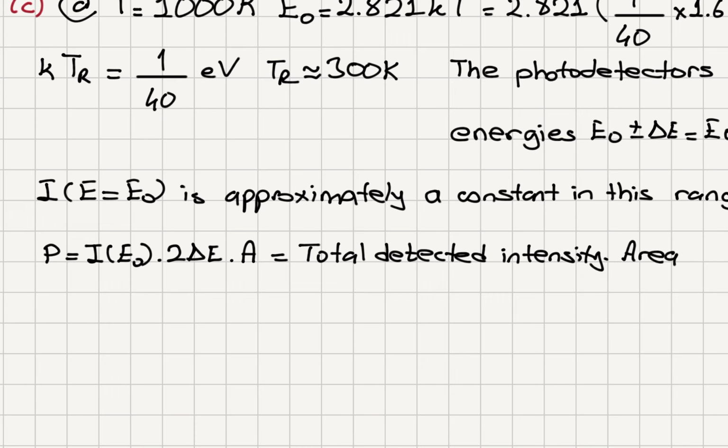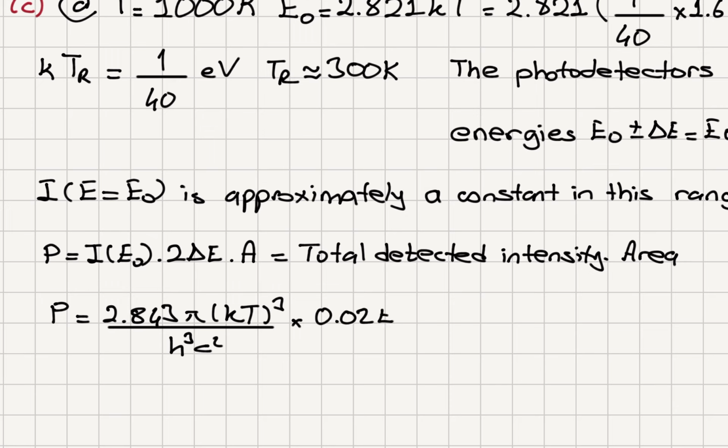And this is equal to 2.843 pi kT cube divided by h cube c square, that's the maximum intensity, multiplied by 0.02 E0 multiplied by the surface area 4 pi r squared.